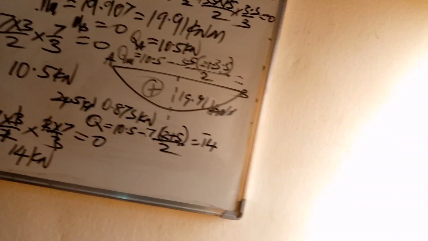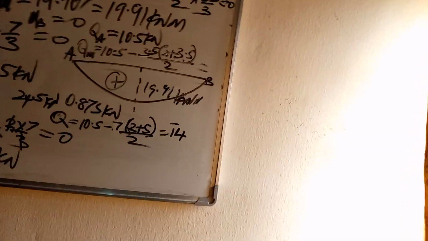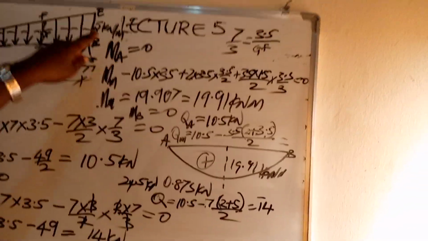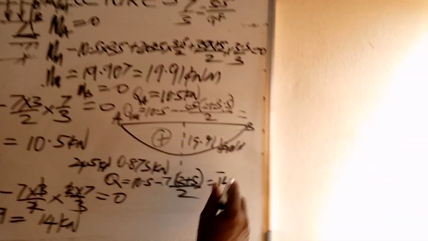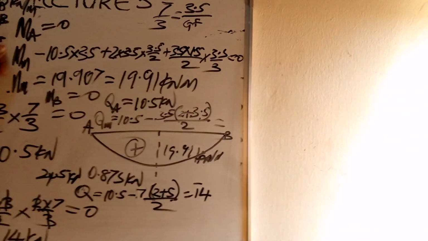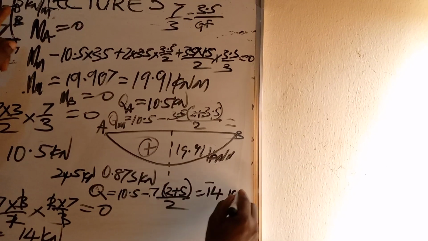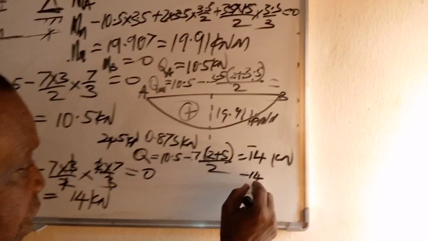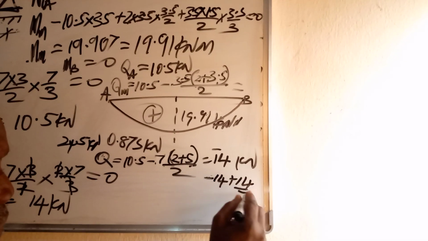So at this minus 14 kilonewton, the reaction at B, which is 14, closes: minus 14 plus 14 closes to 0.